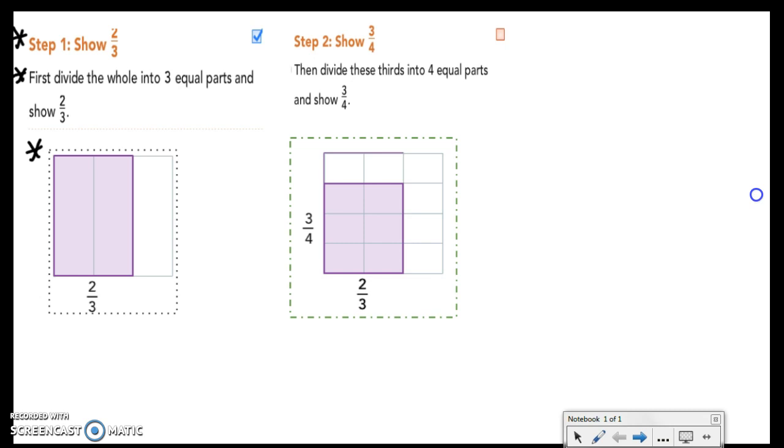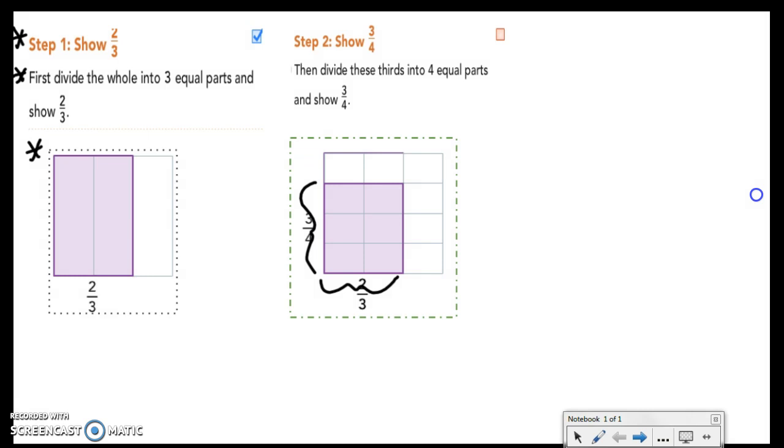You're going to write down step 2 just like how they have it. You can lay it out the same way I'm laying it out, or you can do one step on top of the other. So step 2, show 3/4, then divide these thirds into 4 equal parts and show 3/4. So they took the same exact purple rectangle and showed you 3/4 of that rectangle. Okay?